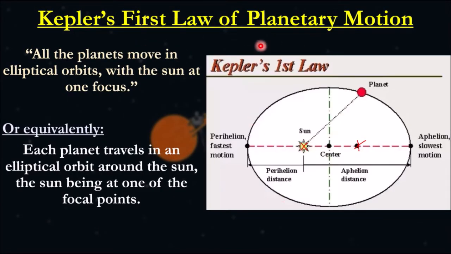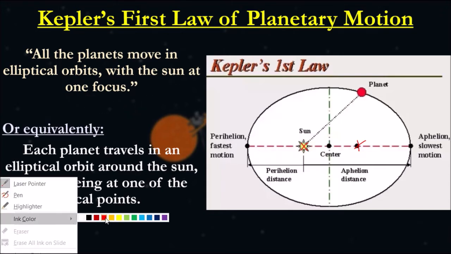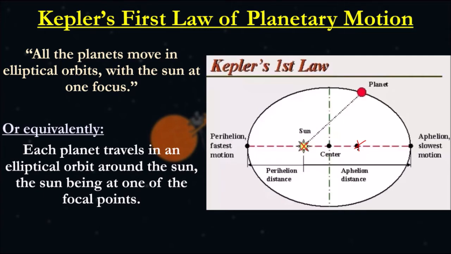So Kepler's first law of planetary motion basically states that all planets move in elliptical orbits with the sun at one focus. What we mean by a focus here is that originally, people assumed planets orbit around the sun in perfectly circular paths.